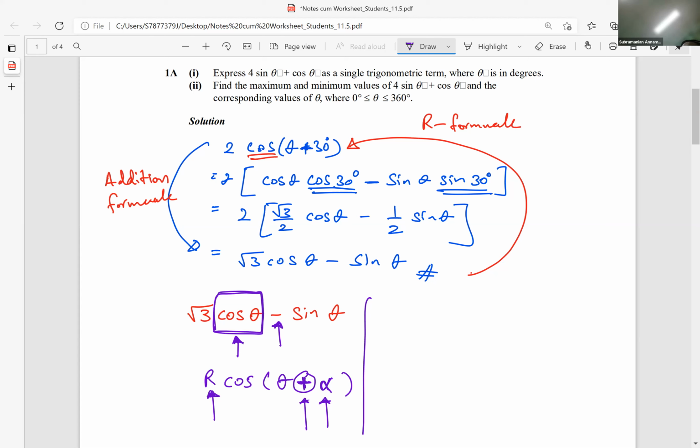Okay, now what we'll be dealing with here is this. If you notice, for this thing here, what is this, guys? This is sine theta, this is cosine theta, right? Okay, so how can I get the angle alpha? Okay, the angle alpha is tangent alpha, okay, is equal to b over a.